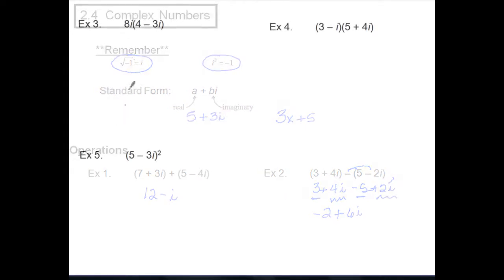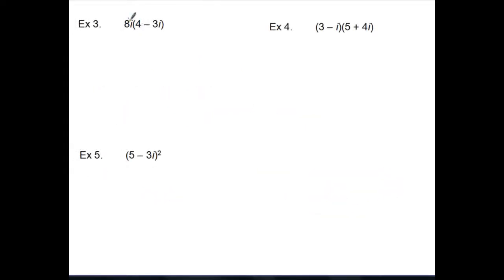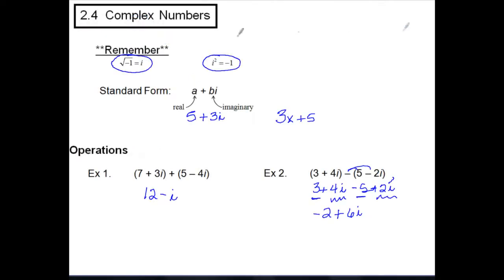Okay, number 3. We are going to multiply here, so we're going to distribute 8i to both of these. So 8i times 4 is 32i, and 8i times -3i is -24i squared. Now, look at the very top of your notes. Look at this rule right here. i squared is -1.